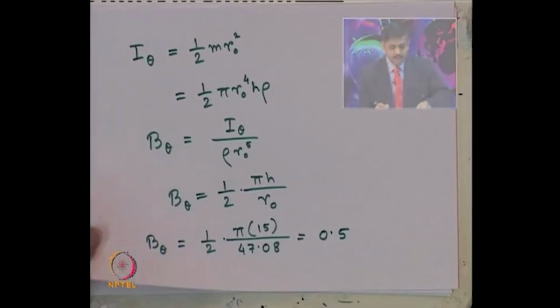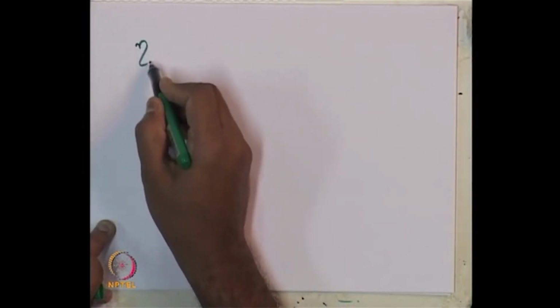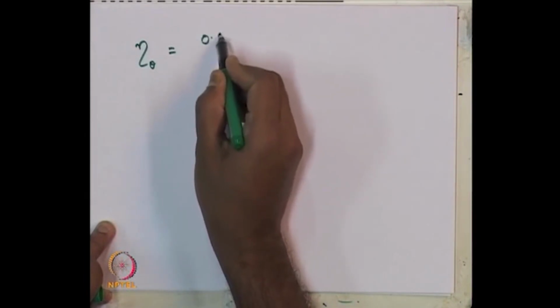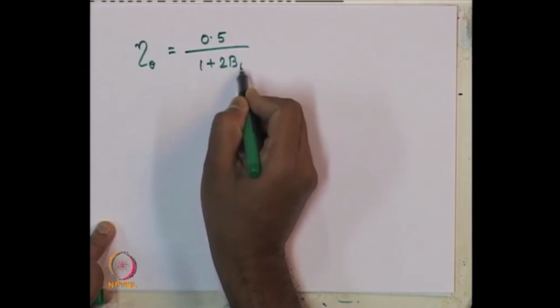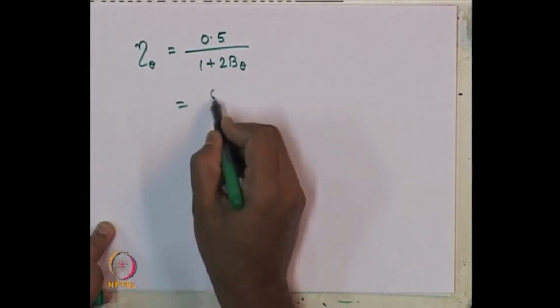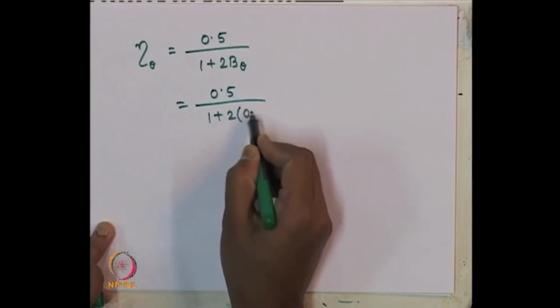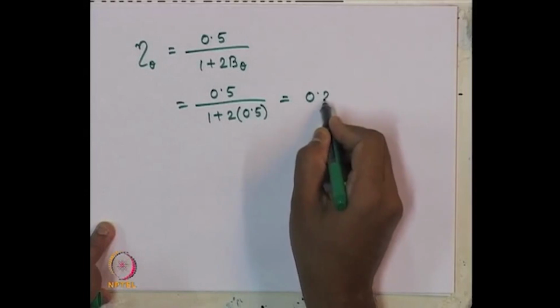Okay. And next is the value of damping ratio. Damping ratio eta theta is given by the expression 0.5 by 1 plus 2 b theta. So, 0.5 by 1 plus 2 into 0.5, where 0.5 is the value of b theta. So, 0.25.